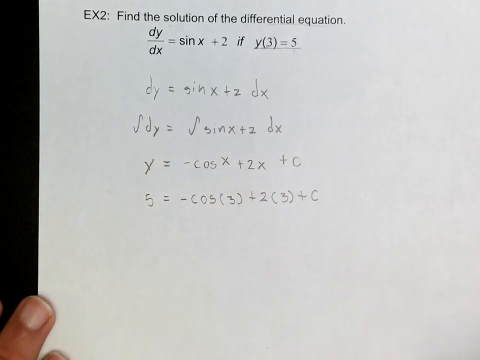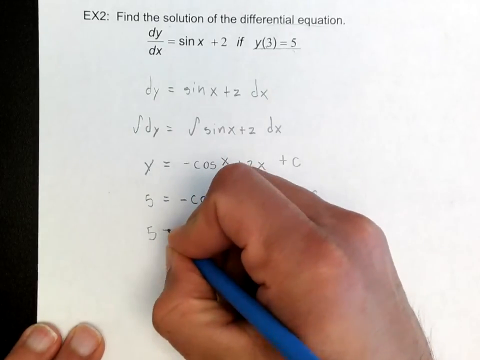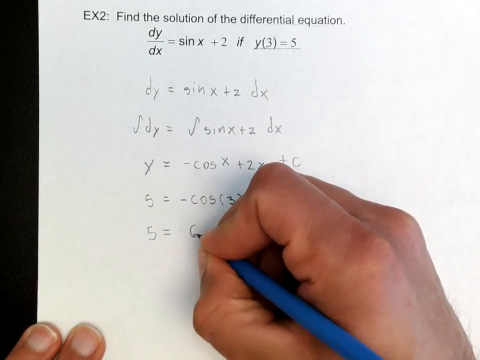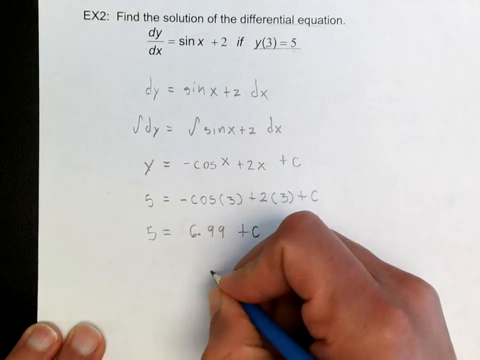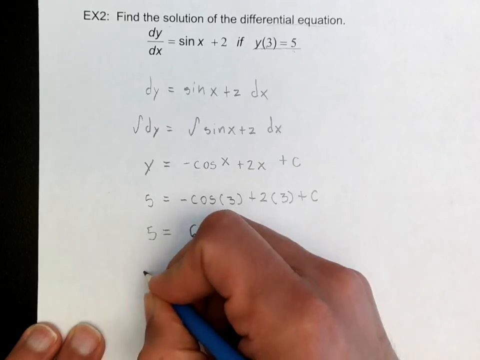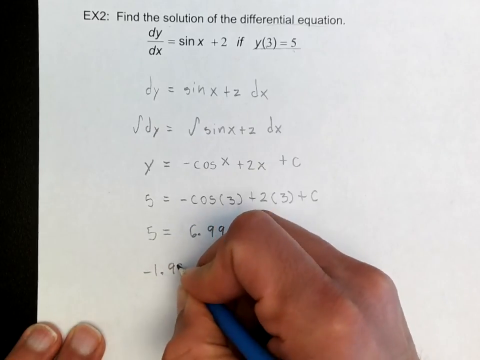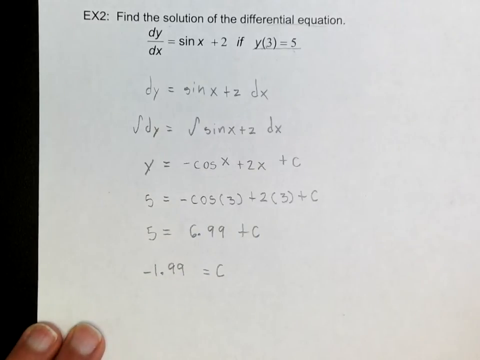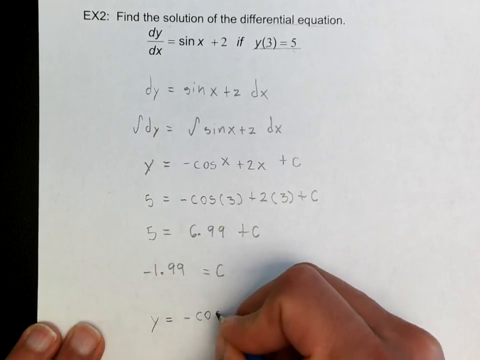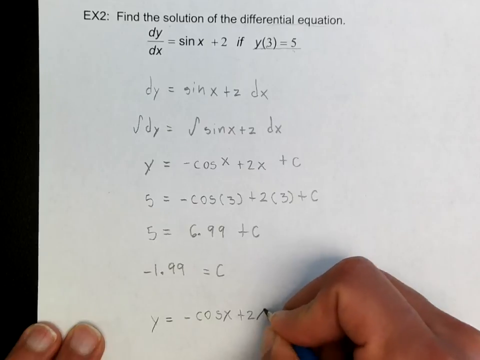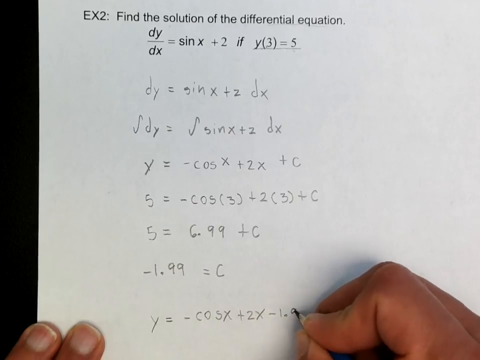Now when you do this on the calculator, and obviously I would say please do that, you would get 5 is equal to approximately 5.99 plus c, so therefore c is equal to negative 1.99, which means that the solution is going to be y equals negative cosine x plus 2x minus 1.99.